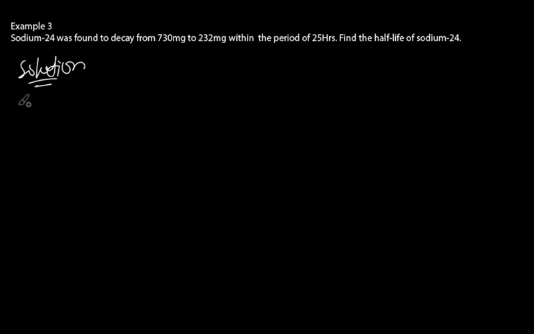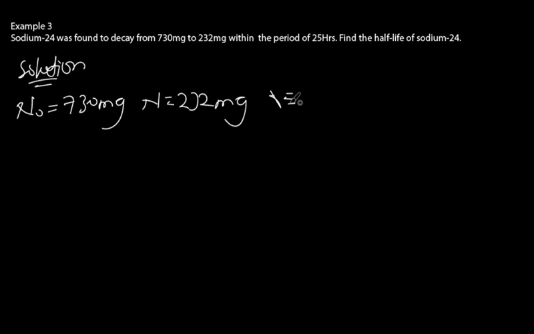The initial amount of sodium 24 is 730 milligram, the amount that is left is 232 milligram, and the time that it has taken for that to happen is 25 hours. So we have to find the half-life.